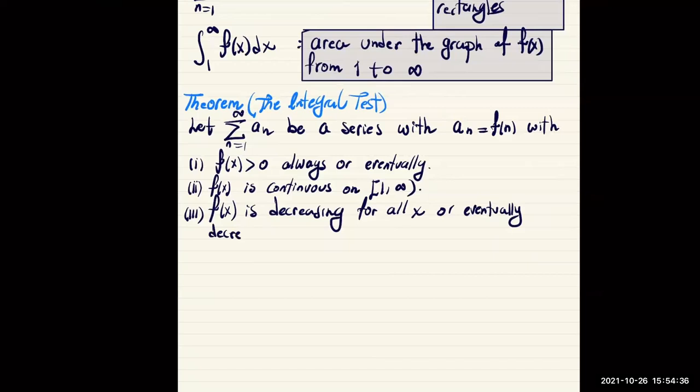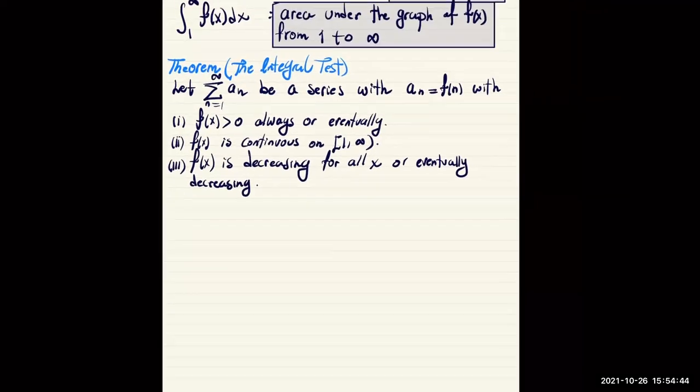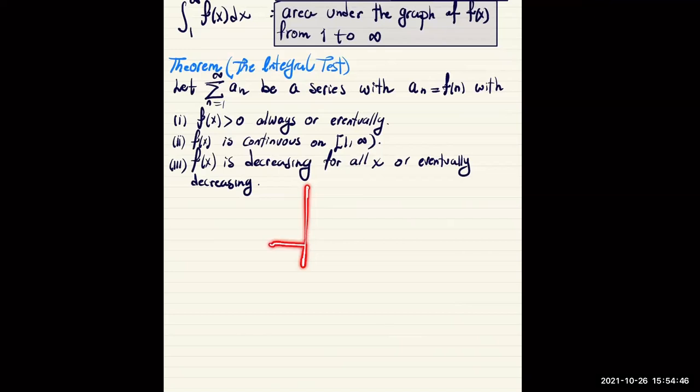Professor, when you say eventually decreasing, you're saying that eventually at some point it's continuously decreasing? Yes, yeah. So here is a sequence function that's eventually decreasing. We have a sequence that goes up, then goes down, then goes up.